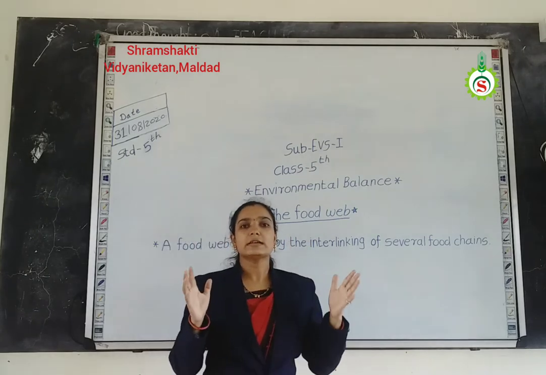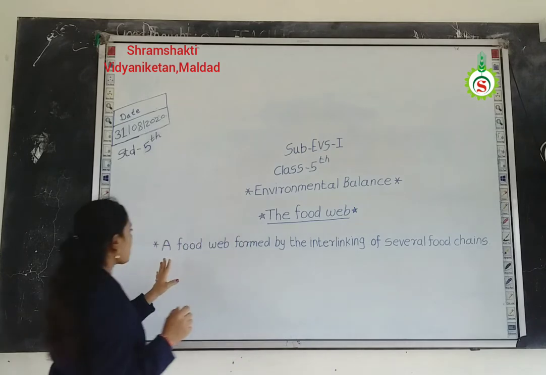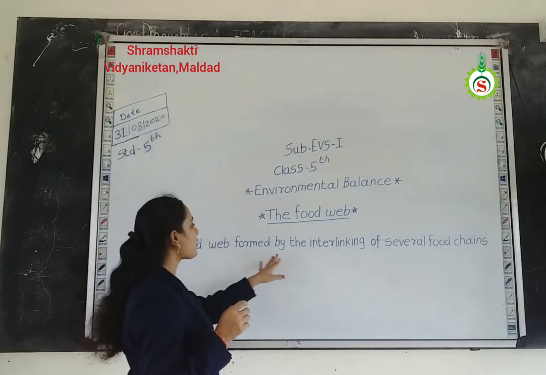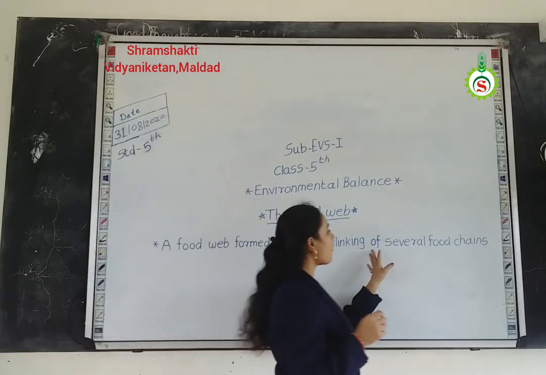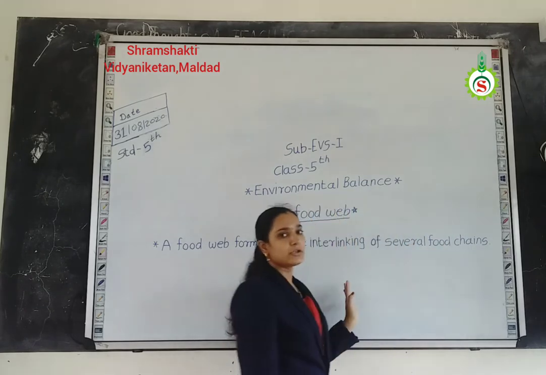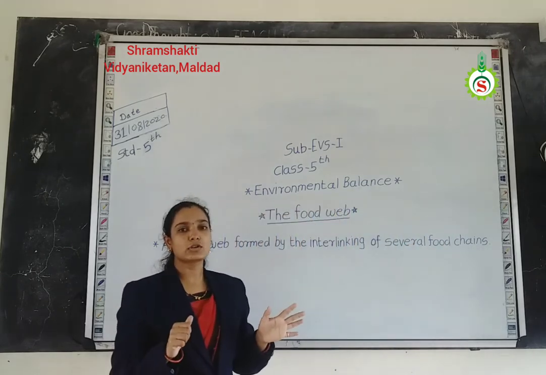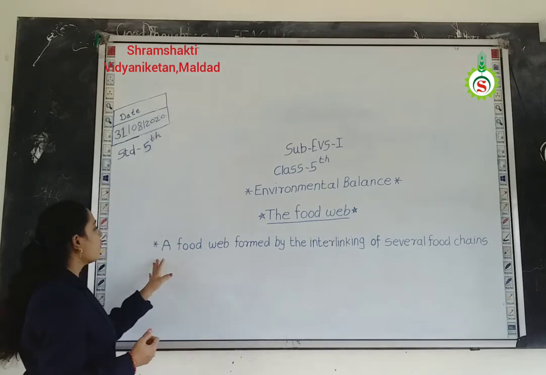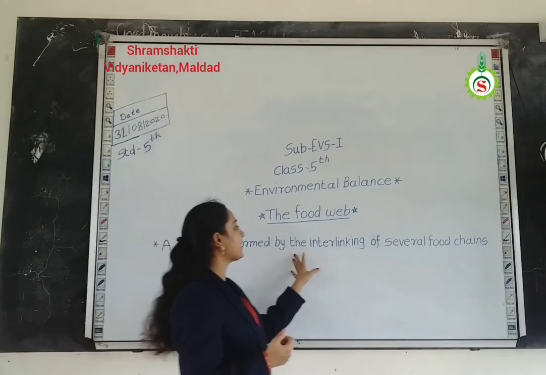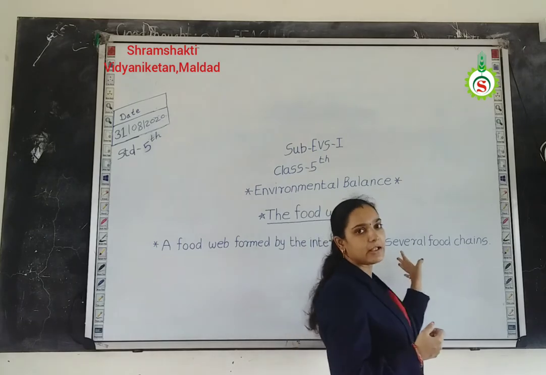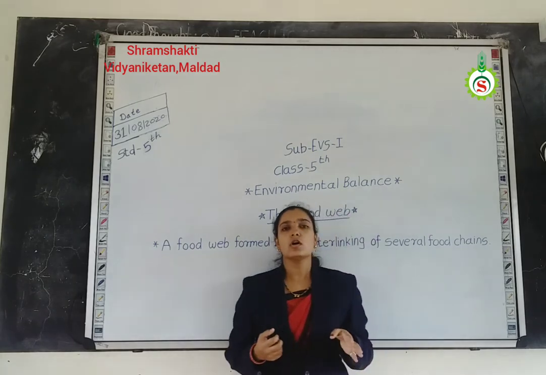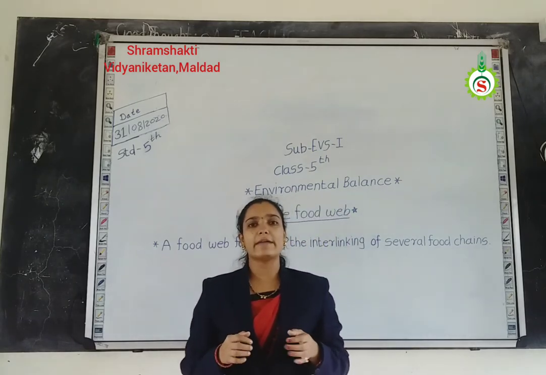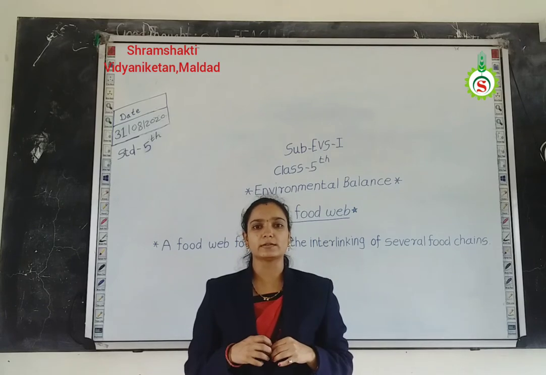So, see here, a food web is formed by interlinking of several food chains. Students, if anyone asks you how a food web is formed, a food web is formed by interlinking of several food chains. So, you see in your book, I will explain this subtopic.